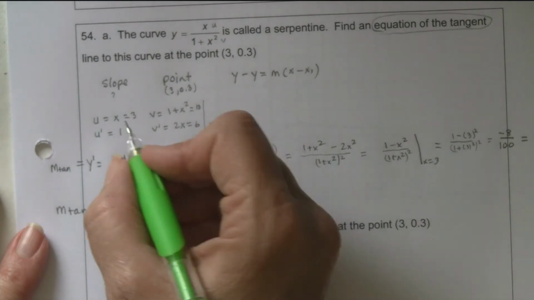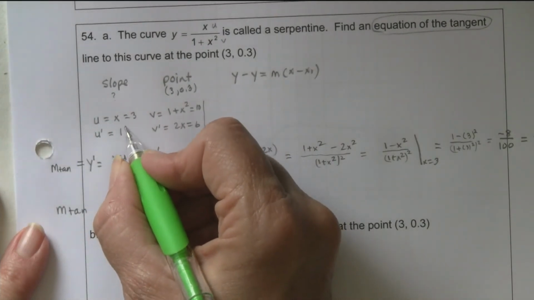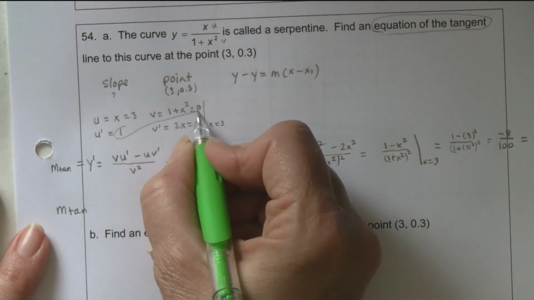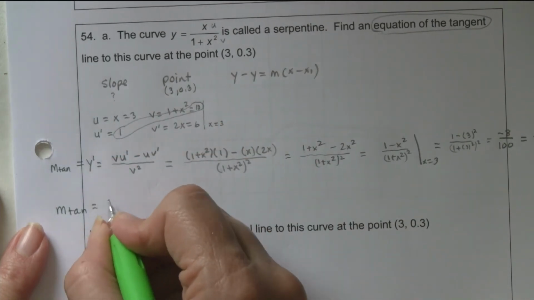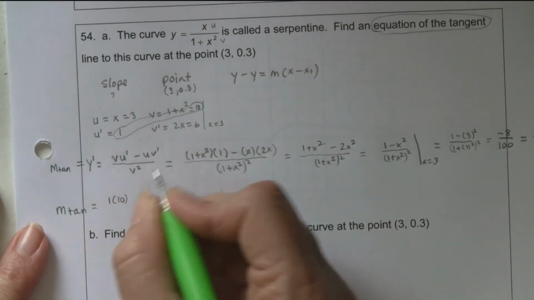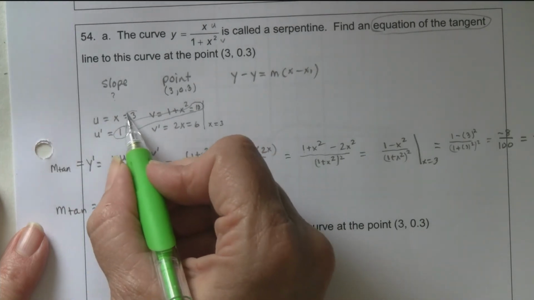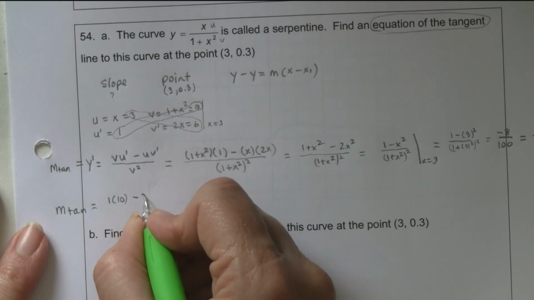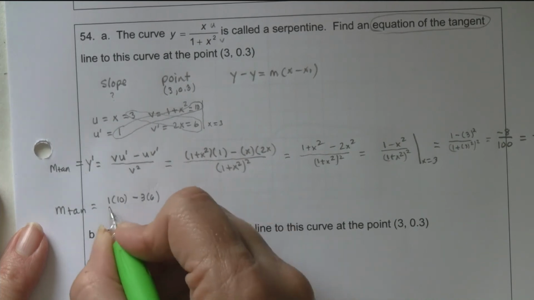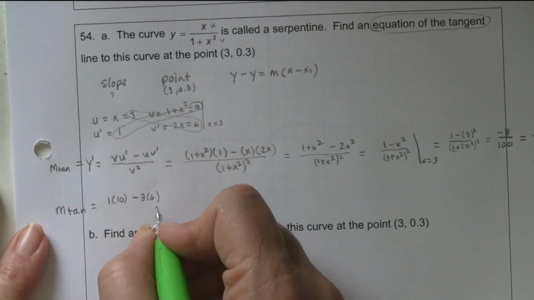And then this is what gives the kindergarten approach. I say crisscross applesauce, because I'm going to multiply those together. 1 times 10, and see how they're across from one another, minus, and then I'm going to multiply these together, 3 times 6. And I would usually not write the 1 times 10 and the 3 times 6.